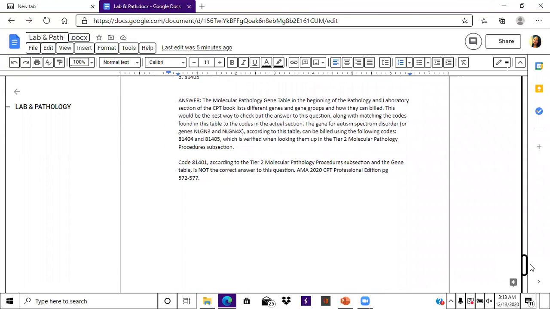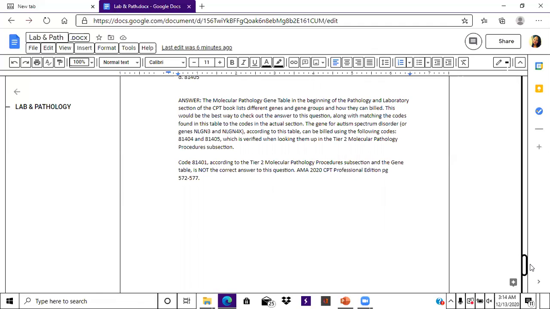There's a molecular pathology gene table in your CPT book in the Path and Lab section. This book lists different genes and gene groups and how they can be built. This will be the best way to check out the answer to this question, along with matching the codes found in the table to the codes in the actual section.